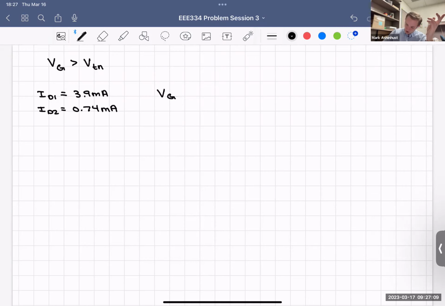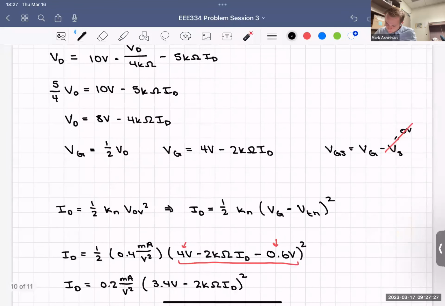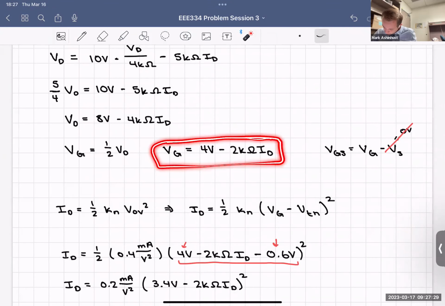Let's do that. So VG was equal to 4 volts minus 2 kilo ohms times 3.9 milliamps, which was ID. That's the one we're using. Let's look back. That's what we had written right here: 4 volts minus 2 kilo ohms times ID.